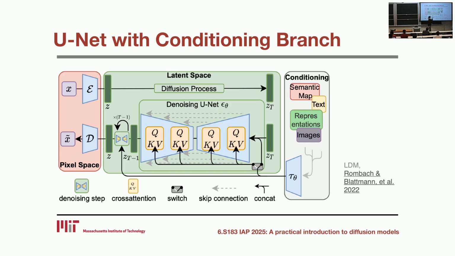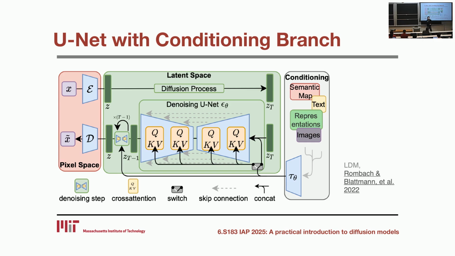But basically, sometimes you drop out your conditioning variable. Sometimes you don't, and then feed whatever input you have to your neural network. So your neural network is trained to handle unconditional input and conditional input at the same time.